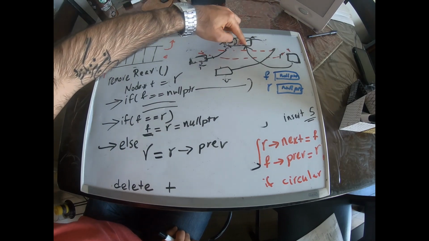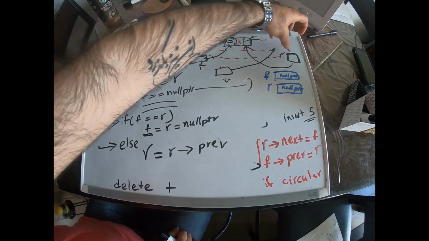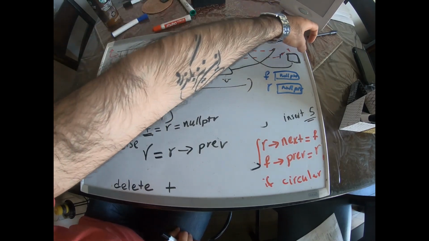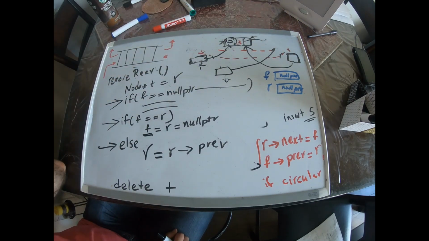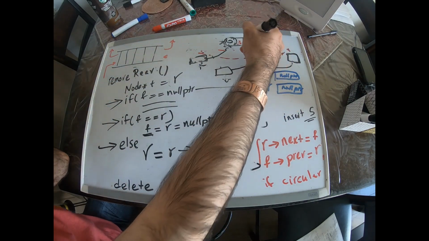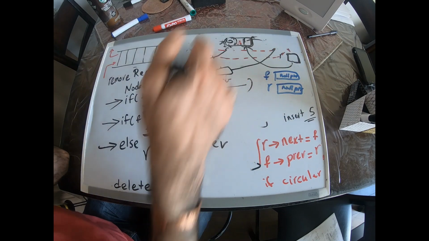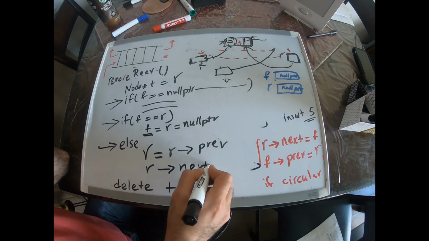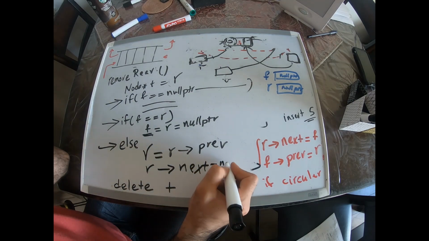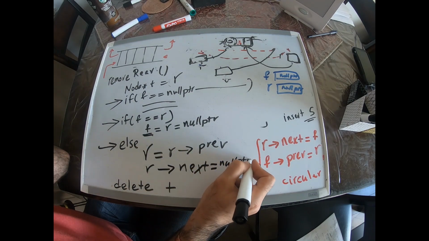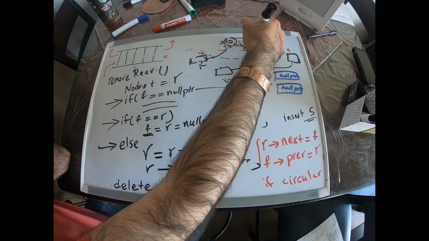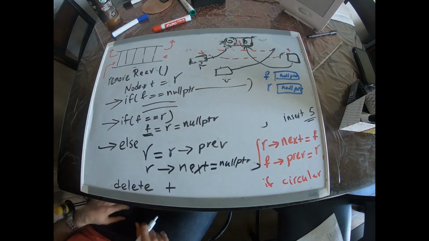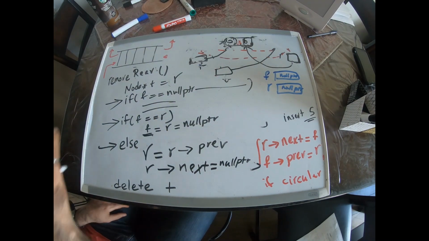But this pointer is still pointing to the previous rear of the linked list. So what I should write now, this pointer is now called rear arrow next is equal to null pointer, to make this one a null pointer. Okay, so this is how you can remove from the rear.